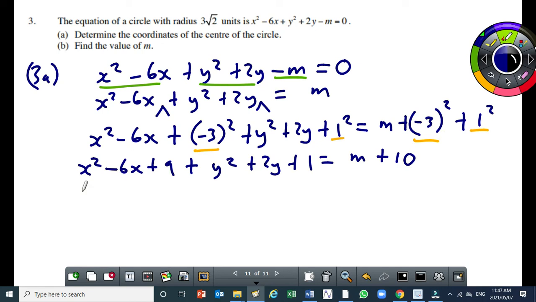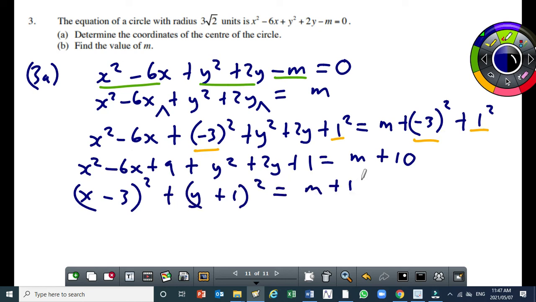Then we factorize: x minus 3 all squared plus y plus 1 all squared equal to m plus 10. Therefore, our center is going to be at x equal to 3 and y equal to negative 1. Okay? We don't need the radius, because it's given.